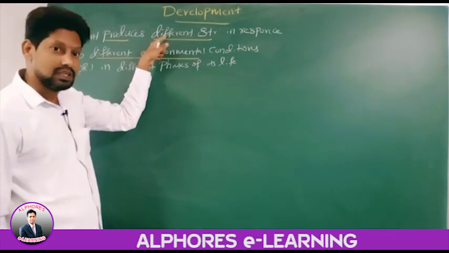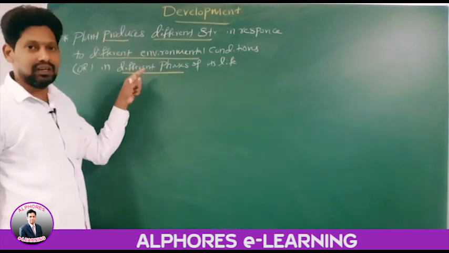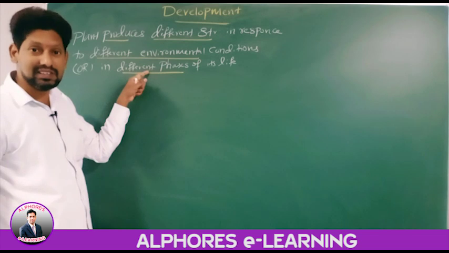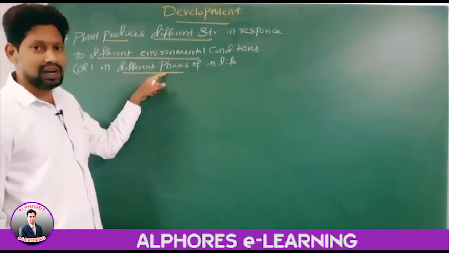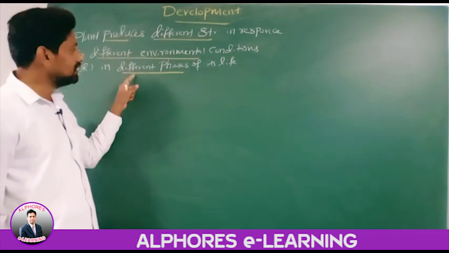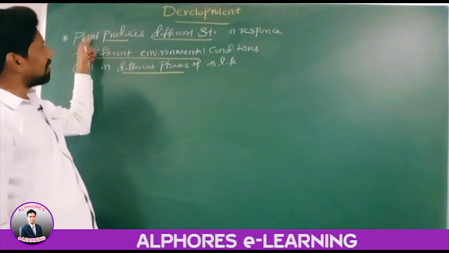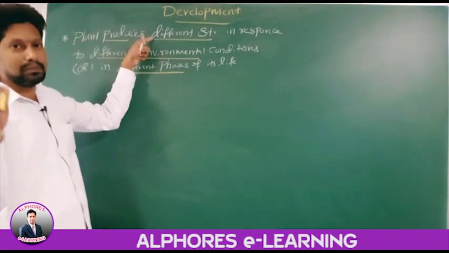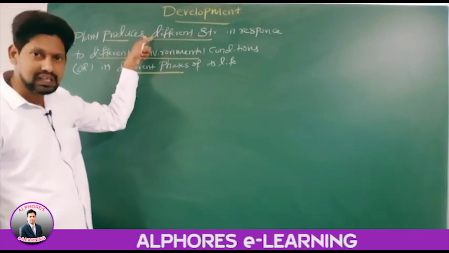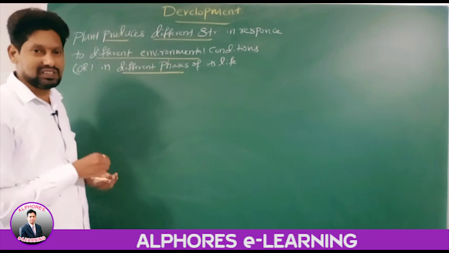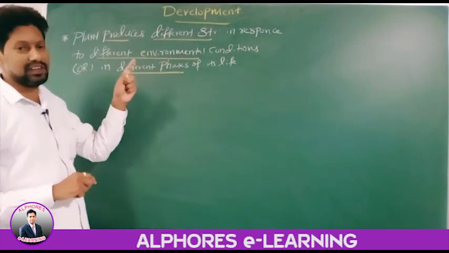Similarly, plant produces different types of structures in different phases of its life. It means the plant has the ability to produce different types of structures in response to different environmental conditions or in different phases of its life.